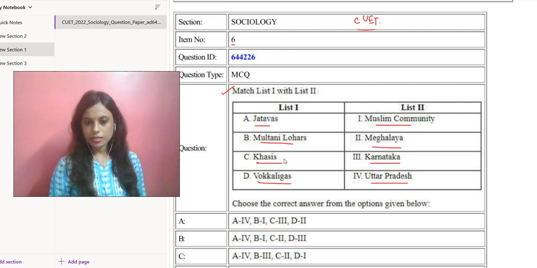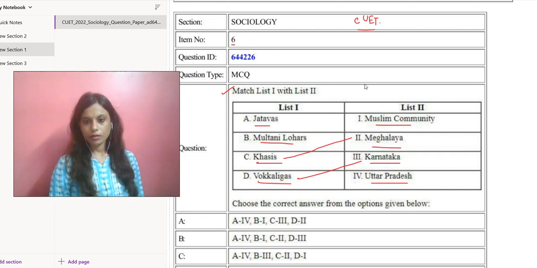Okay, let's first connect Khasis with Meghalaya, Vokaligas with Karnataka. Then next, from the options given below, we can just consider C going with the second option, D going with the third option.